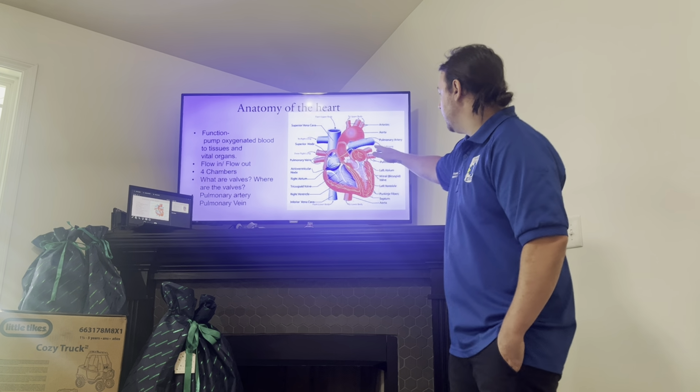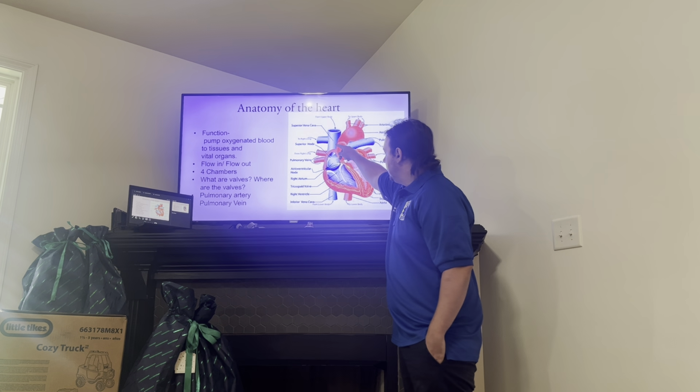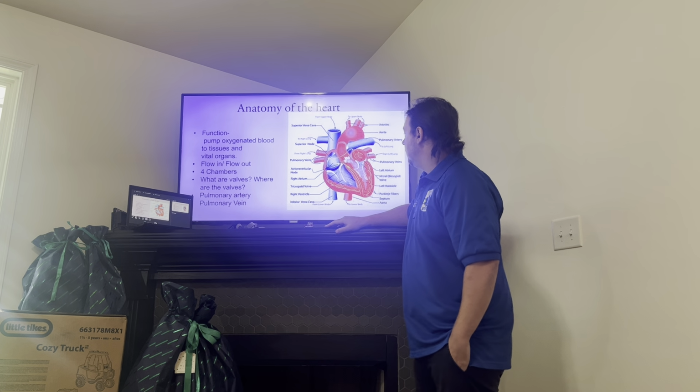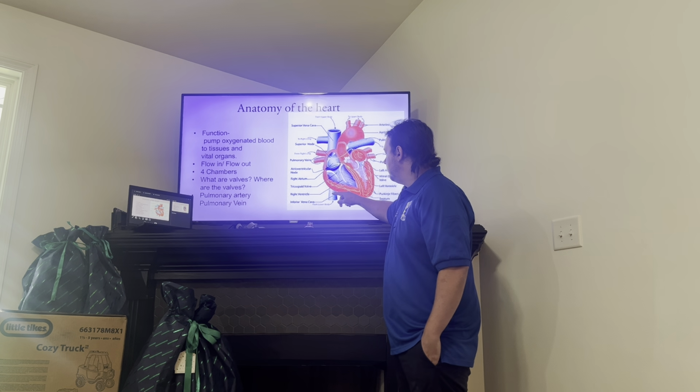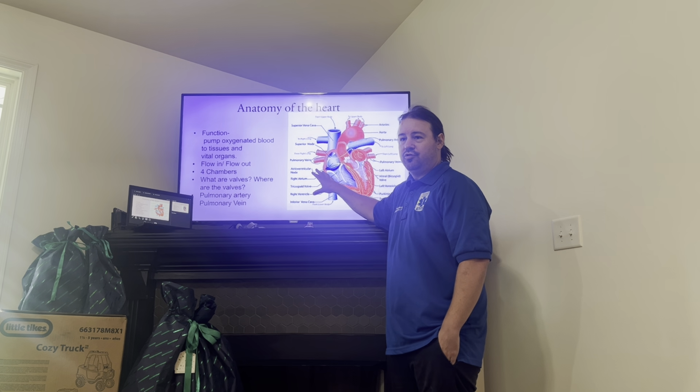So let's take a look at this diagram here. You can see this blue tube that comes all the way down. That is your vena cava. Now up top, you have what they label the superior vena cava, and when it comes from the bottom, it is the inferior vena cava, okay? This is part of your venous system, and this is what actually returns blood to the heart, okay?